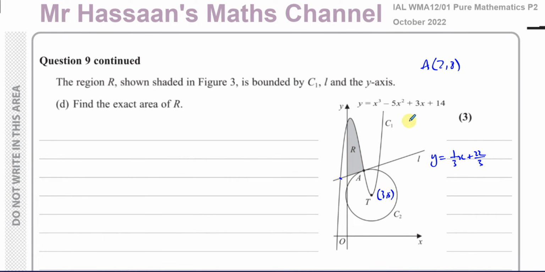You have to replace the y with 1/3 x plus 22 over 3 and then solve the equation. This is a cubic equation which will have 3 solutions. One of the solutions we know already, so we can use that to find the other 2, and we'll know that this one is negative. But it's only worth 3 marks, so using algebraic long division and all that is going to be a bit of a hassle.